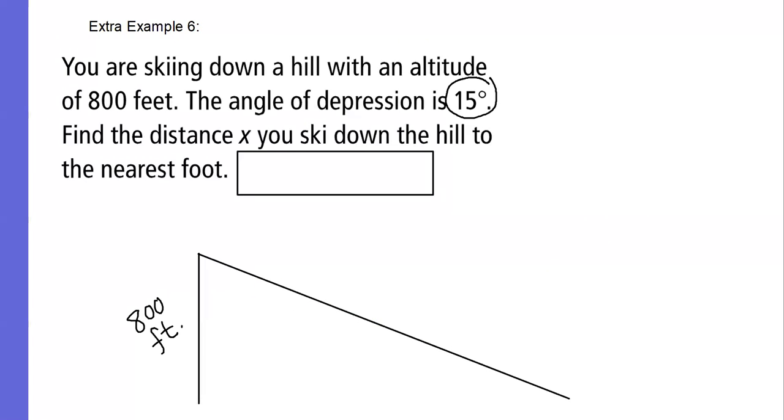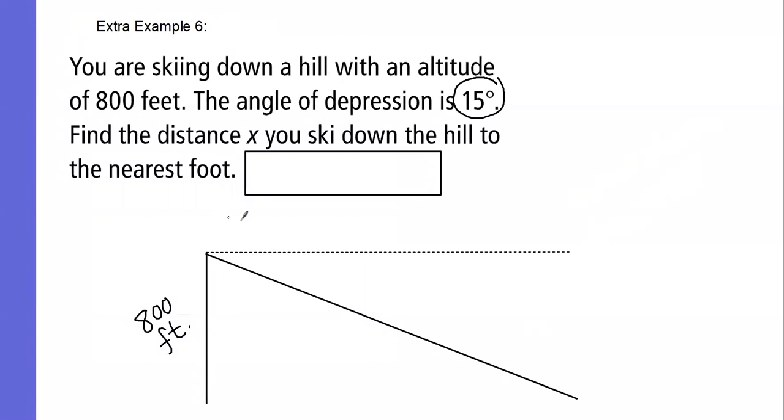So let's draw in our horizontal here. So let's go straight across here. So there's my horizontal. So my angle of depression is going to be right here. So this angle is where my 15 degrees is. So the angle of depression is 15 degrees. Find the distance x you ski down the hill to the nearest foot.